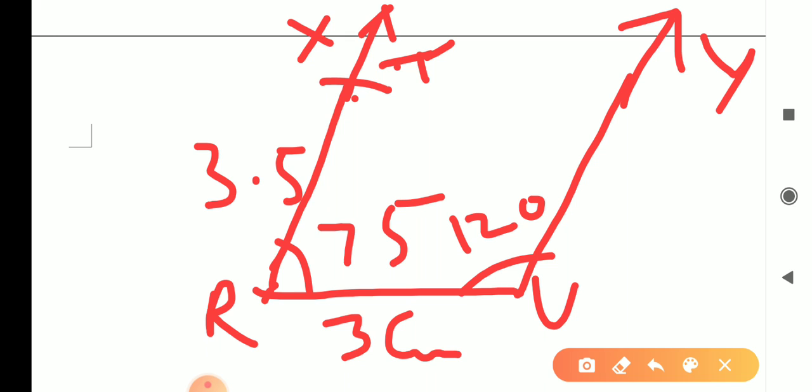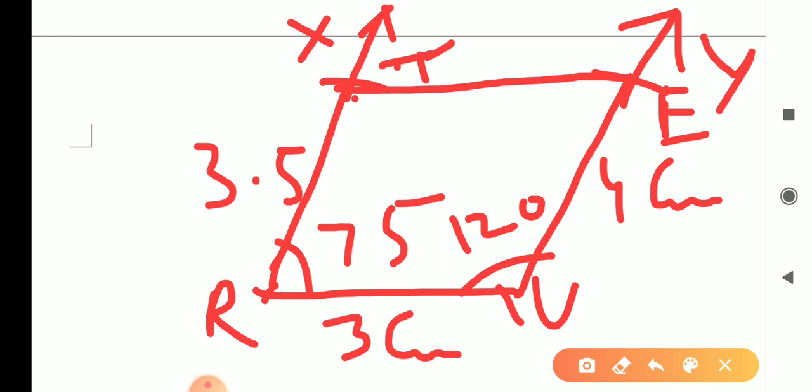Taking U as center and of length 4 centimeter, cut an arc, that is the point E. And the last step will be to join T to E. This is the required construction to make a quadrilateral when three sides and two included angles are given. Thank you.